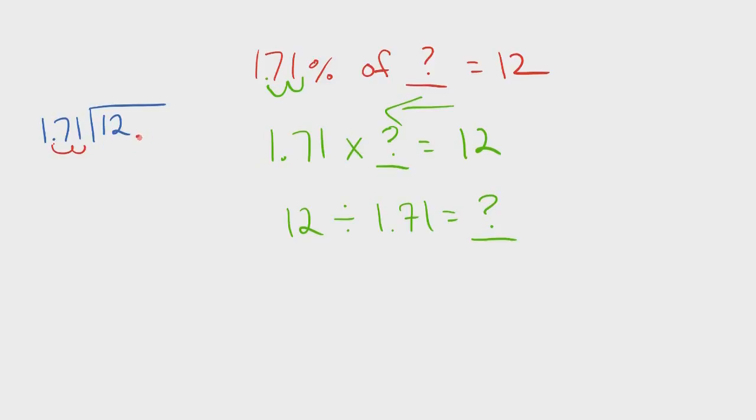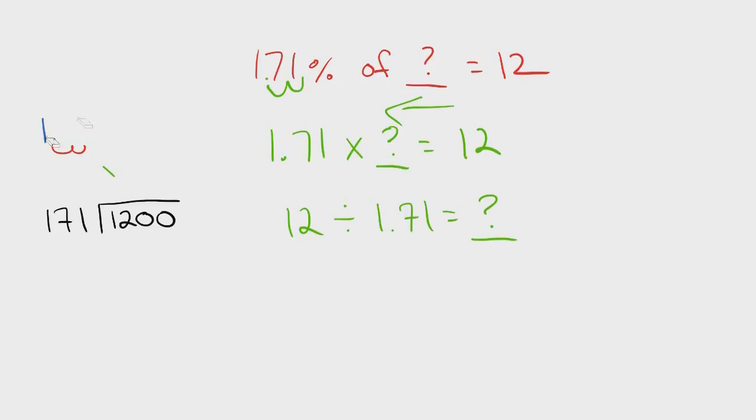And whatever we do to the outside, we have to do to the inside. So 1, 2, and I'm going to add zeros in those empty spaces. So let me rewrite this really quick. We're going to have 1,200 divided by 171. Wow, you really need to know how to divide for this worksheet.